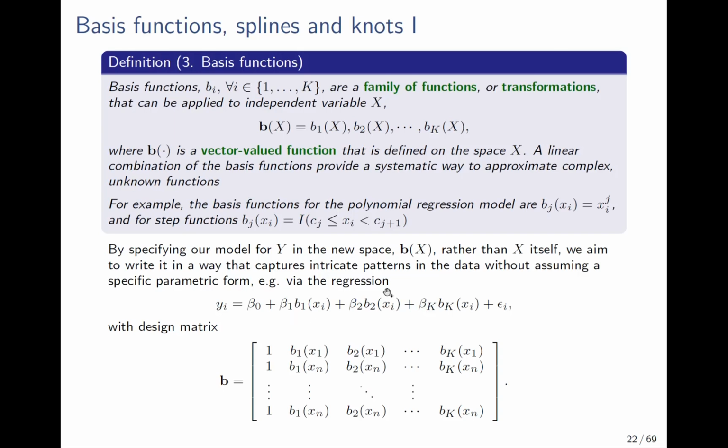So we plug our basis functions into the regression equation. That gives us this design matrix here. You can think of it a little bit like a transformation, but of course in this case B is vector valued, and it's been multiplied through by the betas, so beta 1 times the first basis function, beta 2 times the second basis function, and these are all added up to give us our approximation.